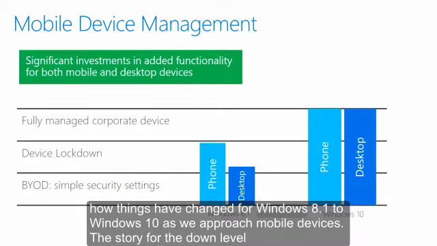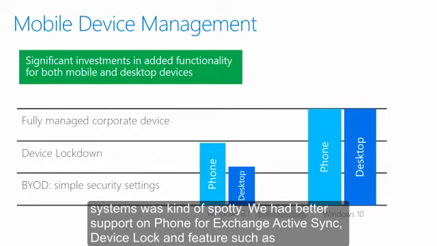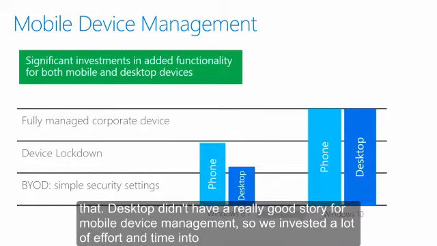So to start with, let's talk about how things have changed from Windows 8.1 to Windows 10 as we approach mobile devices. The story for the down-level systems was kind of spotty. We had better support on phone for Exchange ActiveSync, device lock, and features such as that. Desktop didn't have a really good story for mobile device management.